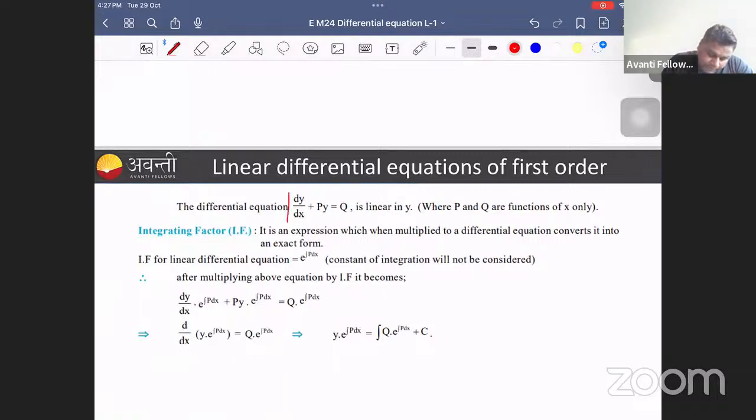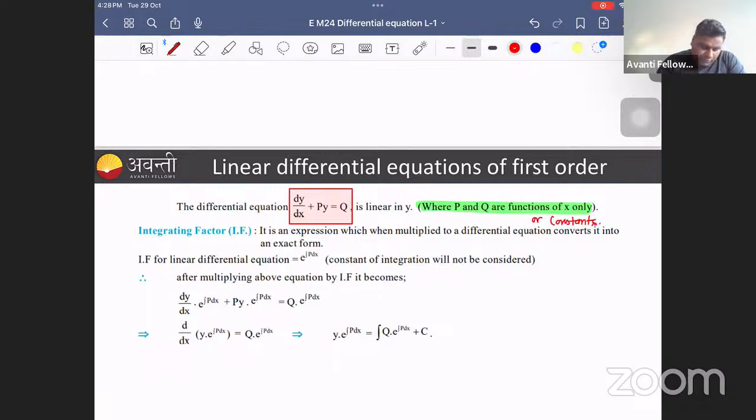It will look like dy/dx + Py = Q. This is a linear differential equation in y, where P and Q are functions of x only, or they can be constants.